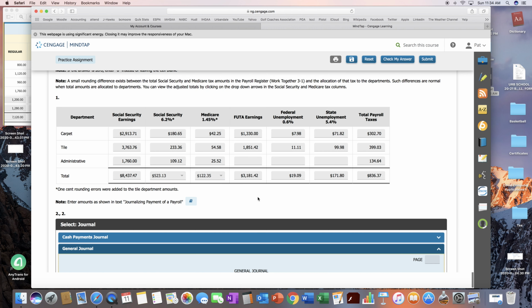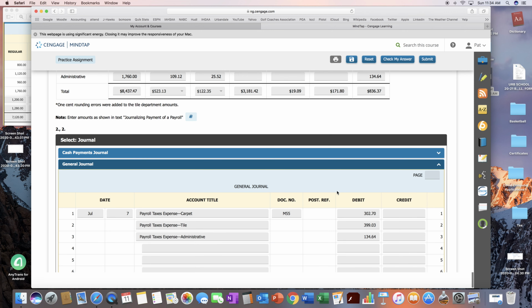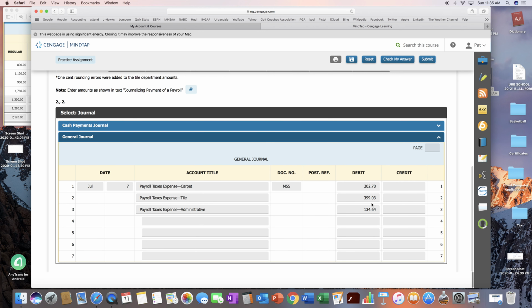Unemployment's not on here, so we're using this total, then the federal unemployment tax payable federal, unemployment tax total, state, excuse me. So we're going to go in that order, I believe, from left to right: Social Security tax payable, Medicare tax payable, unemployment tax payable federal, and unemployment tax payable state.